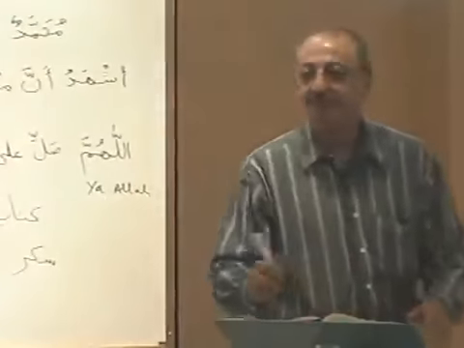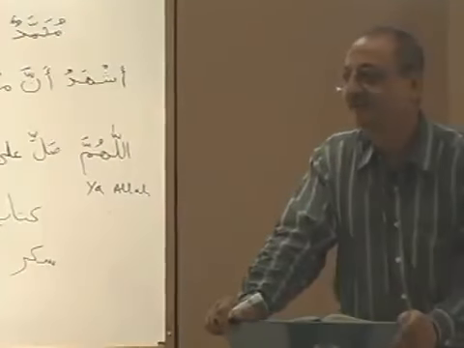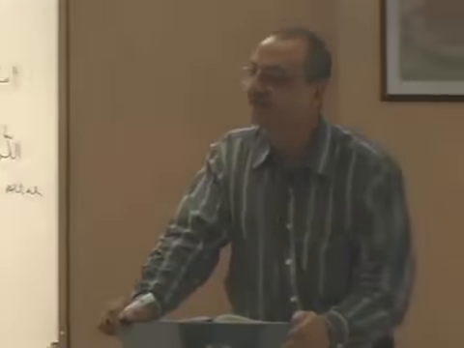I repeat again. The nominal sentence has two parts. What are they, Sister Naima? Subject and predicate. I am using English so that you don't get confused. Use English also. But by the time you are in Book 2, you will have everything in your mind, inshallah.